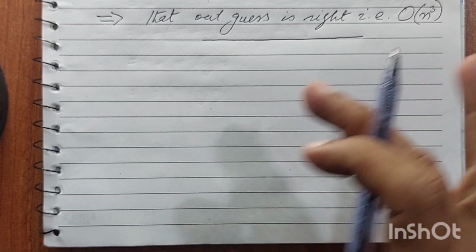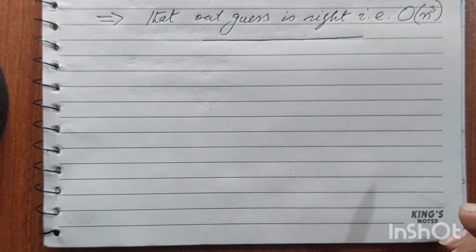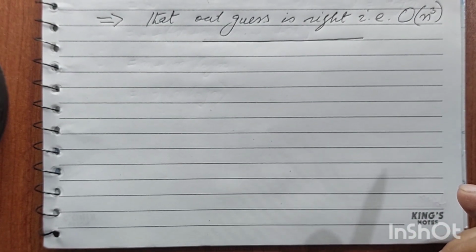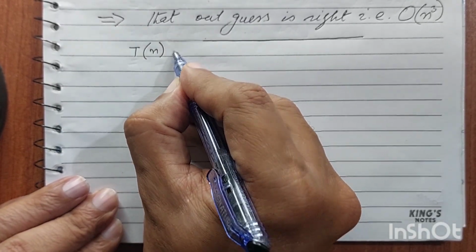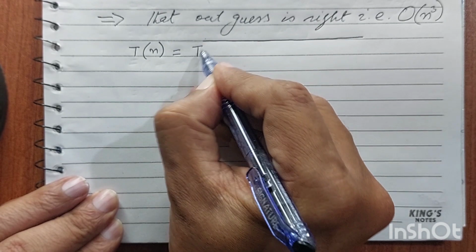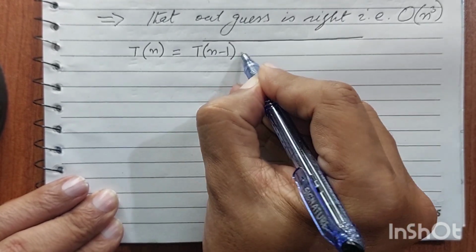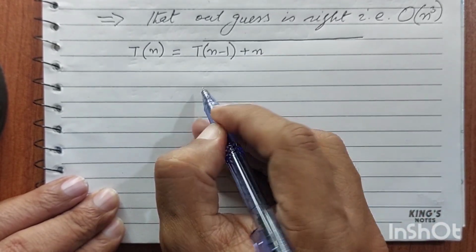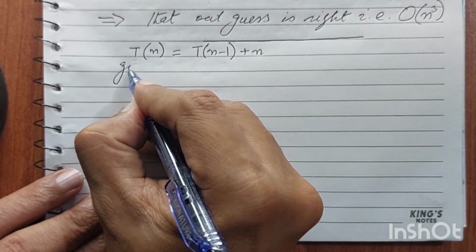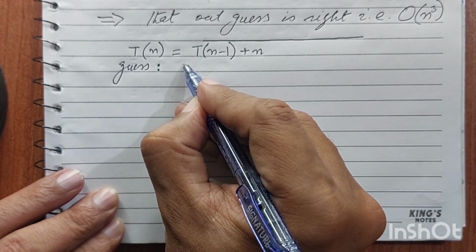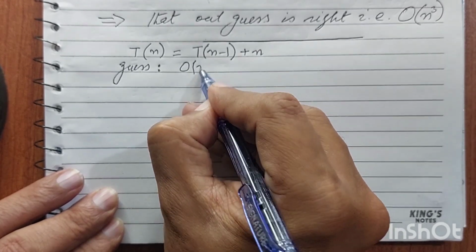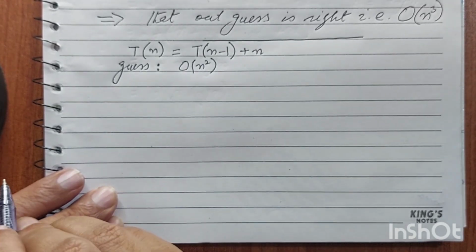I have only this part of the page to do the rest of the work. So let's have a different kind of example, that is T of n is equal to T of n minus 1 plus n, and we guess that its time complexity is big O of n square.